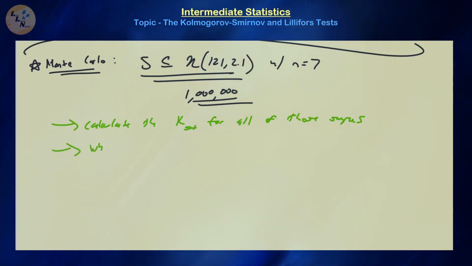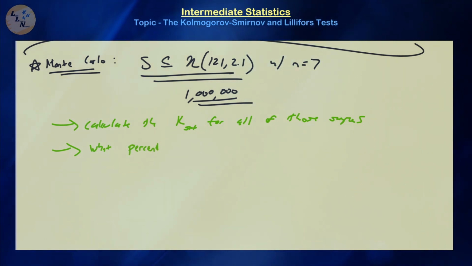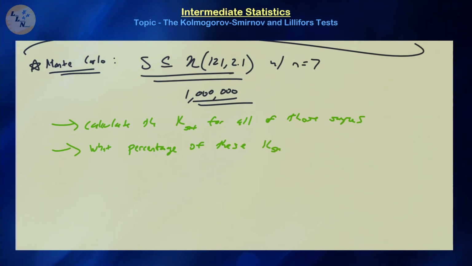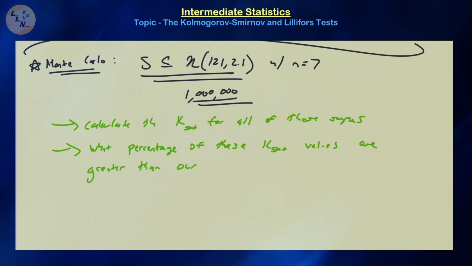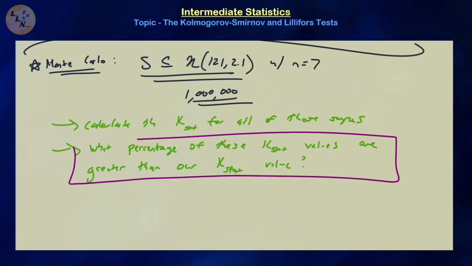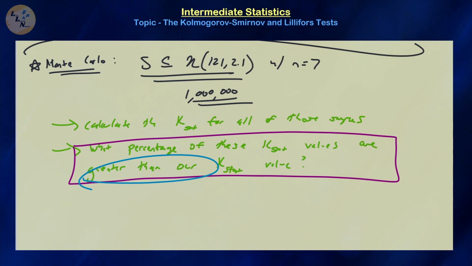And then the question that we need to ask ourselves is, what percentage of these k-stat values are greater than our k-stat value? Do you know what this question is equal to? That's actually the definition of a p-value, right? The probability of getting our test statistic or something more in favor of our null hypothesis.